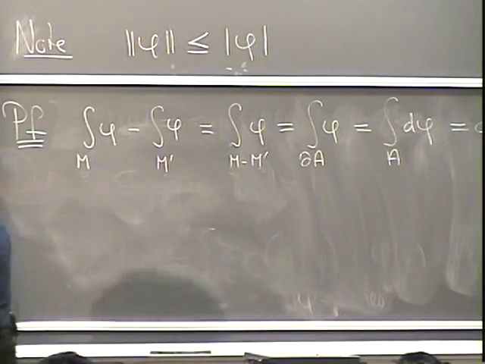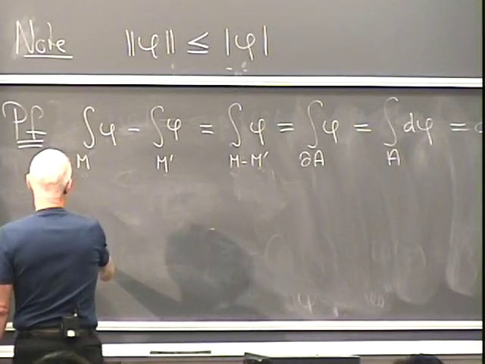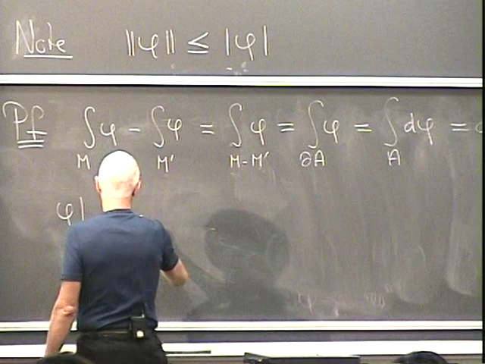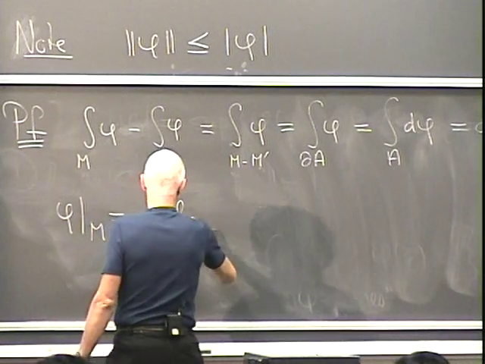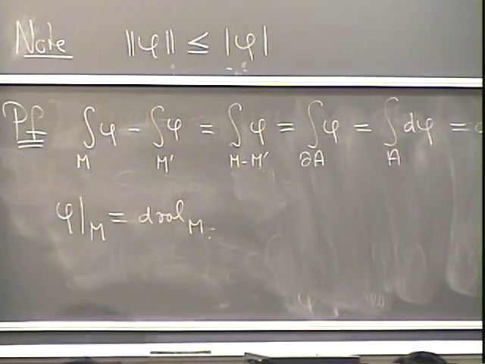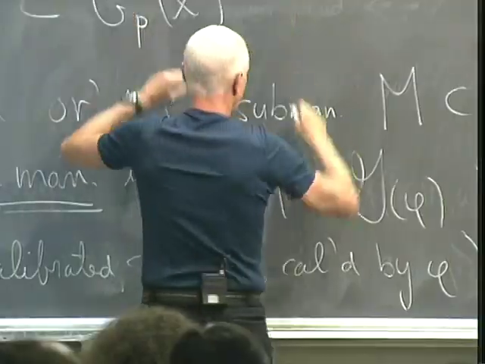But now we have the fact that phi restricted to m is equal to the volume form of m. That's the definition. I should say, I can't pull this down.